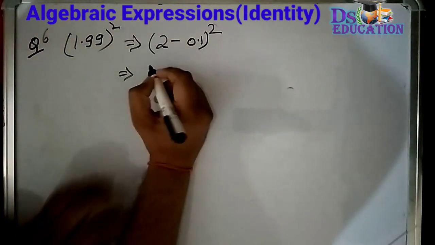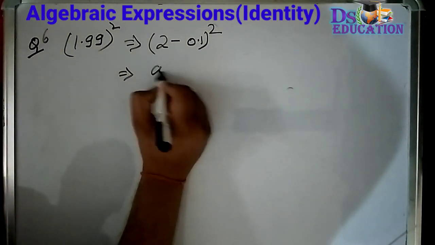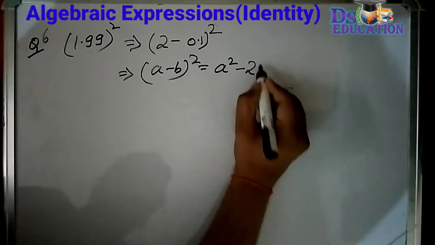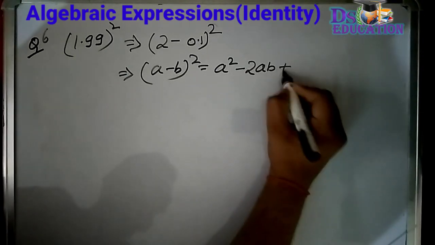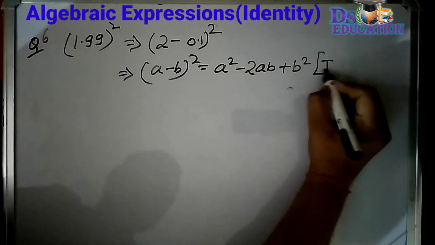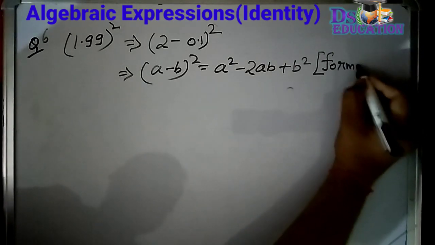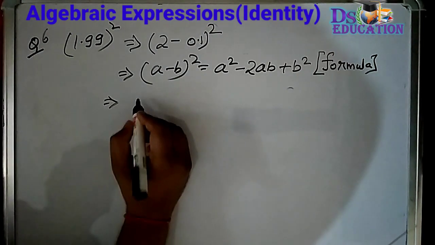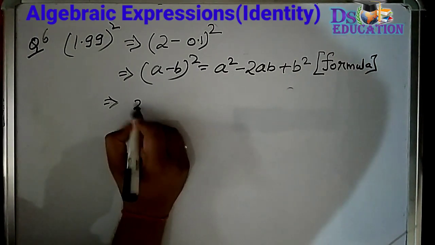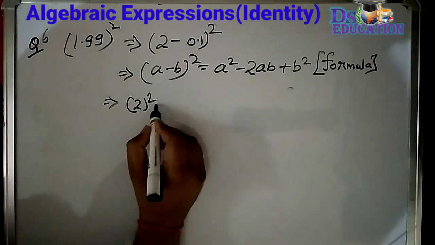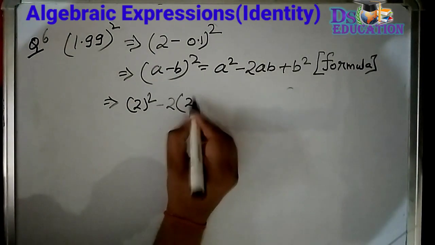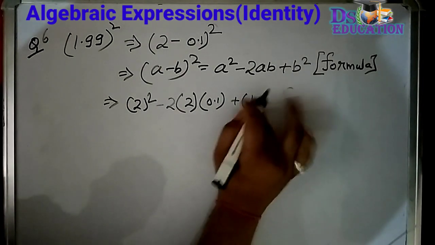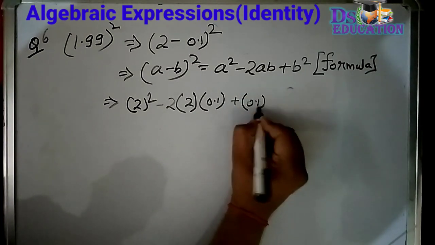So what I will do, I have again here a minus b whole square. The formula is equal to a square minus 2ab plus b square. In every question you will write the formula. Now if you write the formula over here, it will come to 2 whole square minus 2 bracket 2 into 0.1 plus 0.1 whole square.